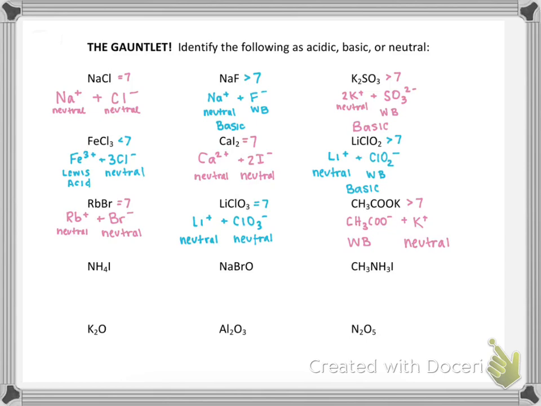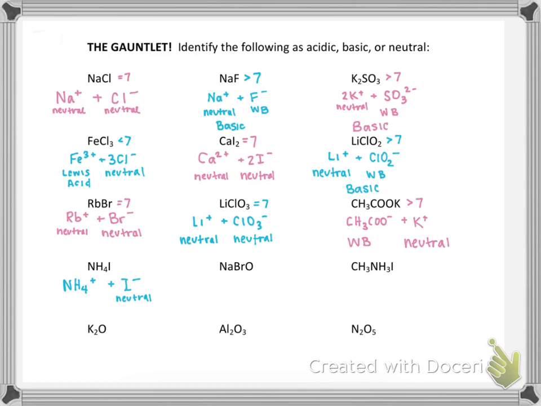So now we have ammonium iodide, which will dissociate into NH4+ and I-. So we said before iodide comes from a strong acid, so this will be neutral. And NH4+, you could think of it as being the conjugate of ammonia, NH3, which we know is a base.